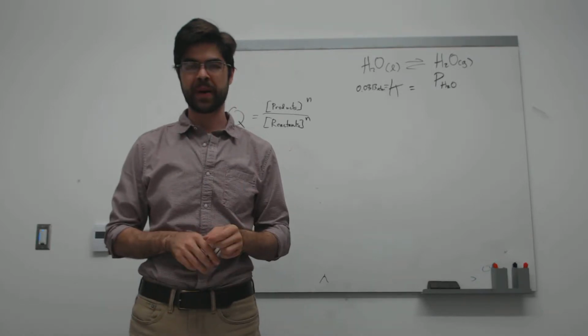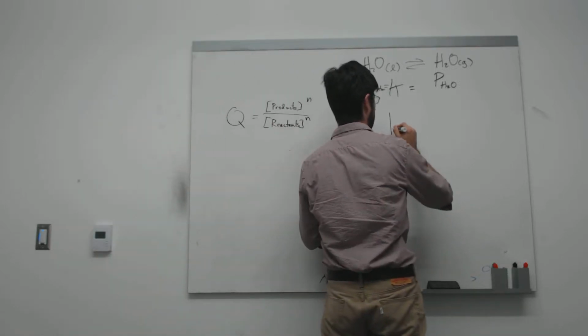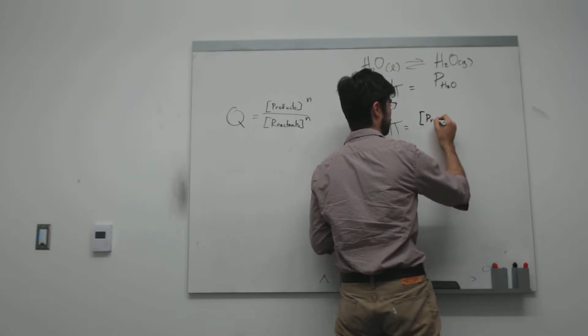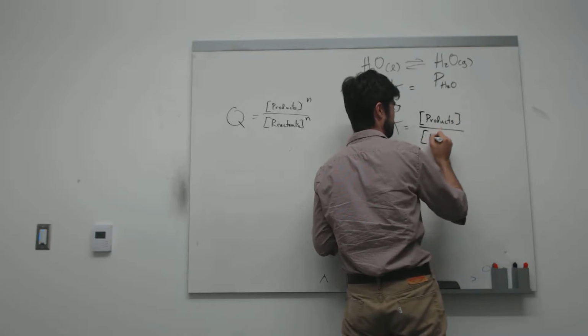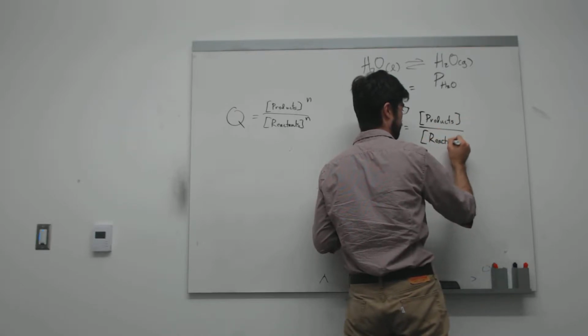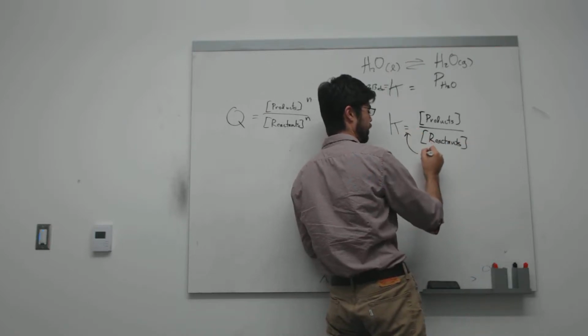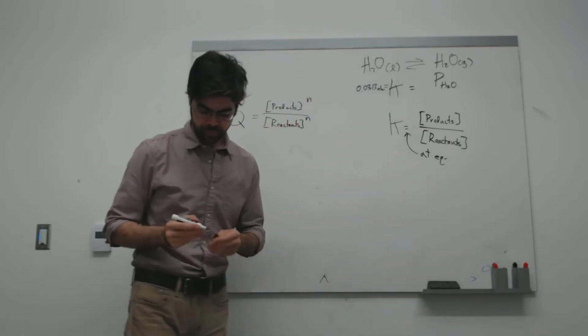So I mentioned this in passing in my lecture today, but I'll say it again. The law of mass action says that at equilibrium, the concentration of the products over the concentration of the reactants is always equal to a particular value when you're at equilibrium.